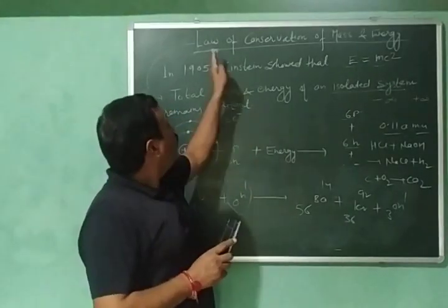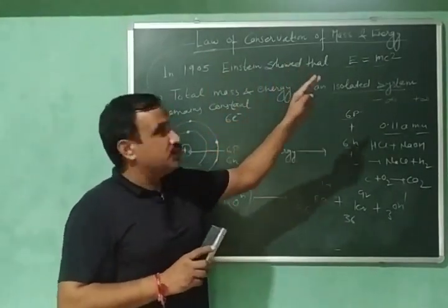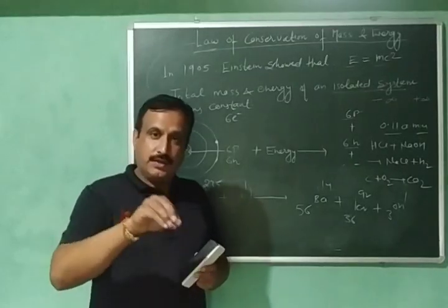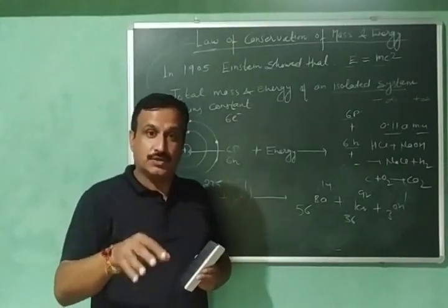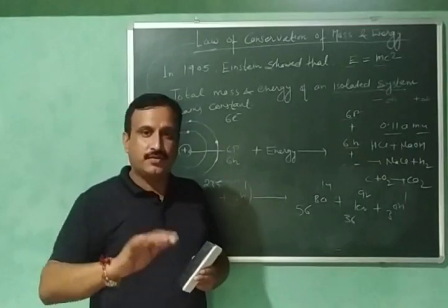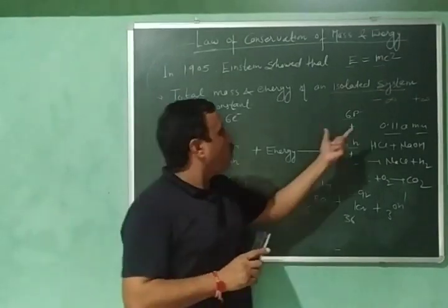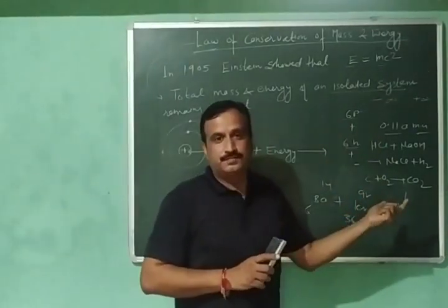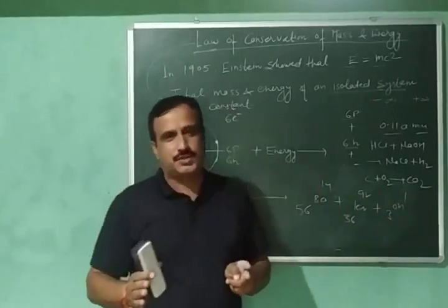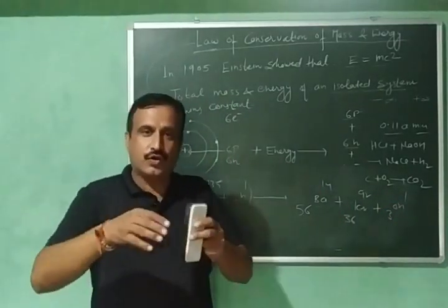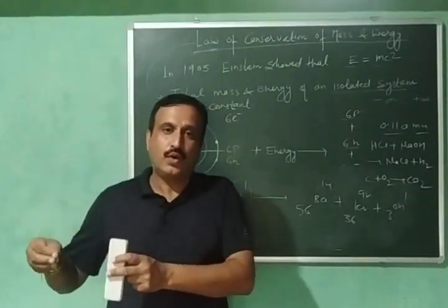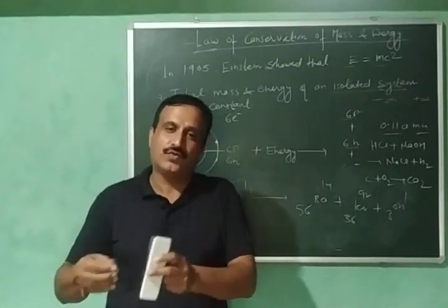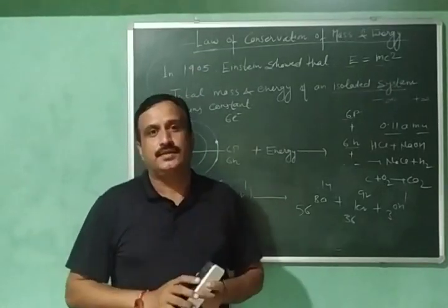So this law of conservation of mass and energy is also important in nuclear reactions, because in nuclear reactions mass is converted to energy, whereas in ordinary chemical reactions mass is constant. So for ordinary chemical reactions we require only what? The law of conservation of energy.